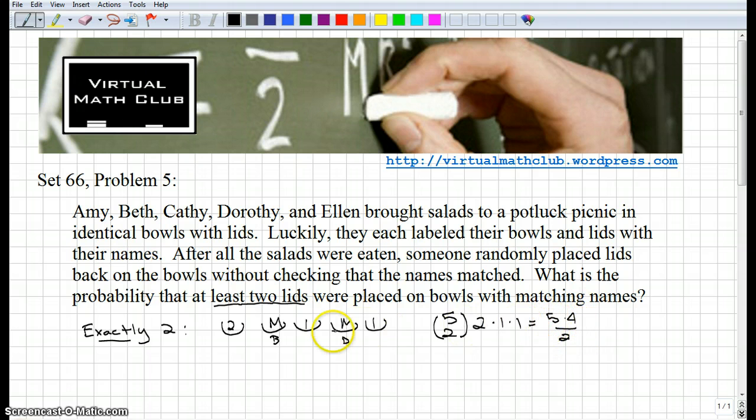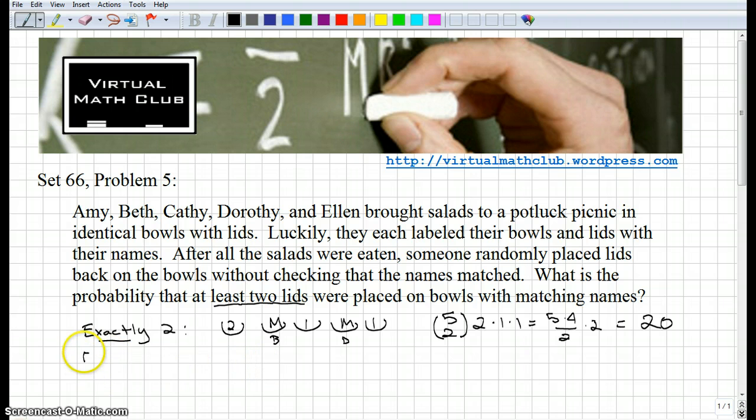We have 5 choices for the first lid, 4 choices for the second lid, but the order doesn't matter as far as whether we choose Beth and then Dorothy first, or Dorothy and then Beth first, so we have to divide by 2. Then we multiply times 2, and the ones don't matter. So we end up with 20 ways where we can get exactly 2 to match.